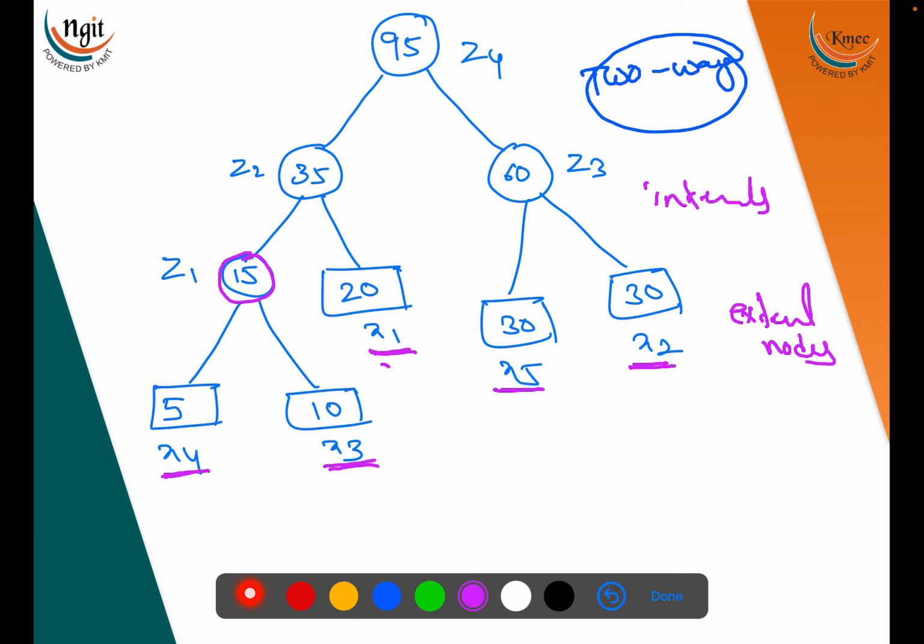The external node x4 is at a distance of 3 from the root node. The distance is the number of nodes in between. That means from x4 to the root, how many nodes do I have? 1, 2, 3. So the distance value d for x4 is 3.